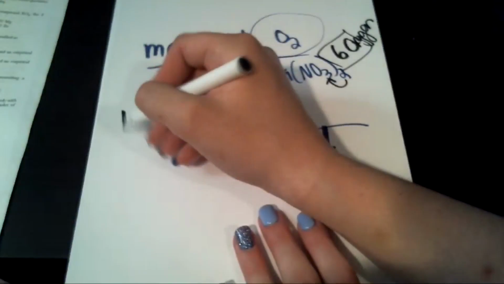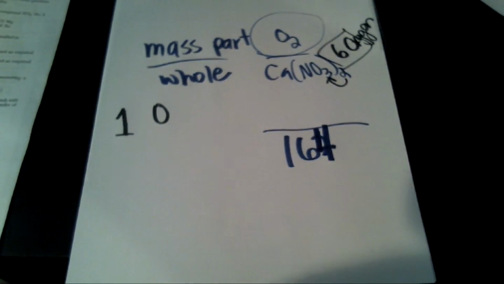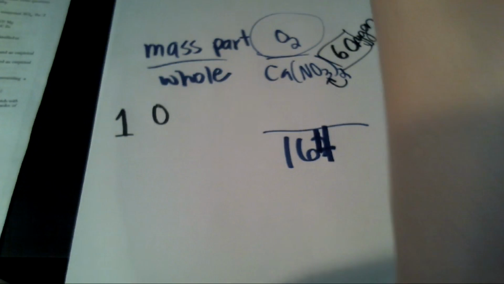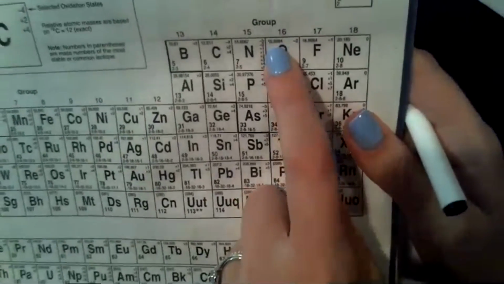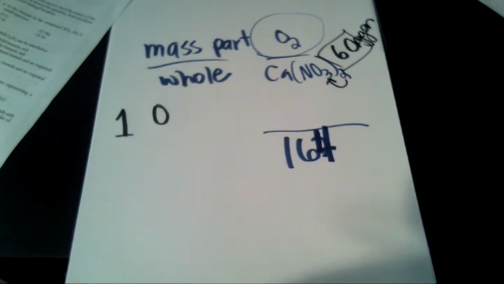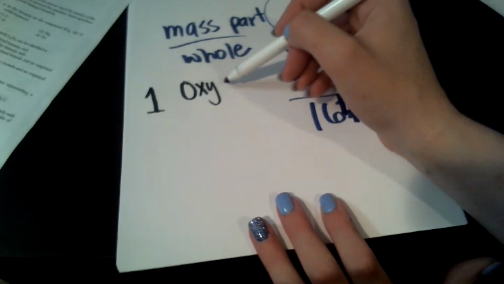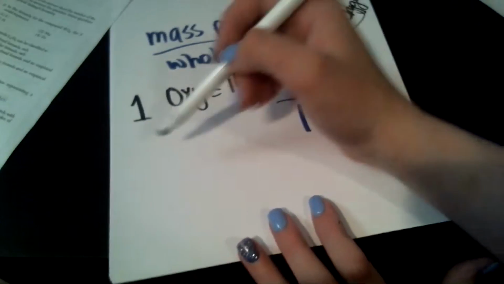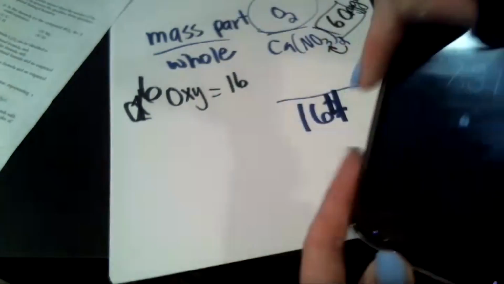If I look at the periodic table, oxygen has a mass of 16. It's actually 15.9994, but that's not that important. So 1 oxygen has a mass of 16, and I have 6 of them.